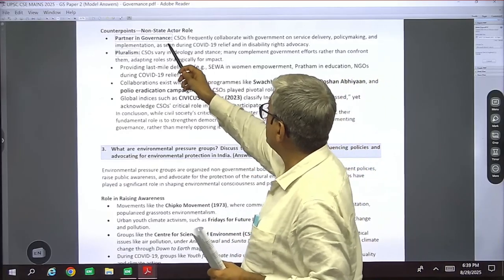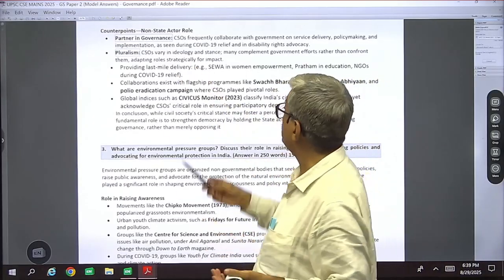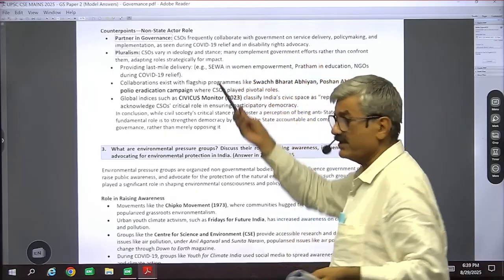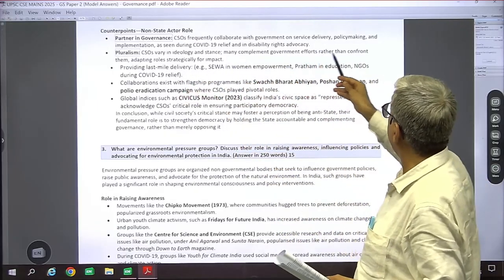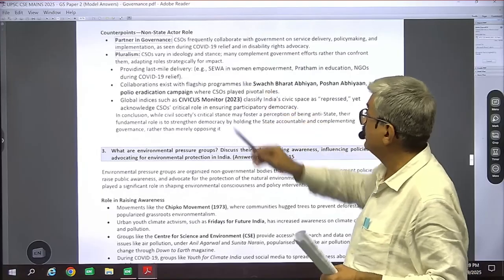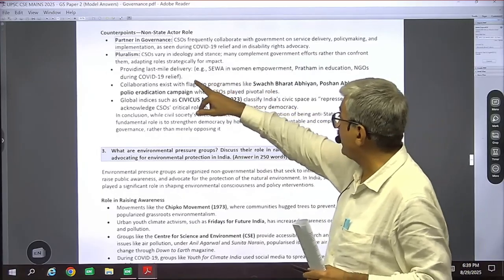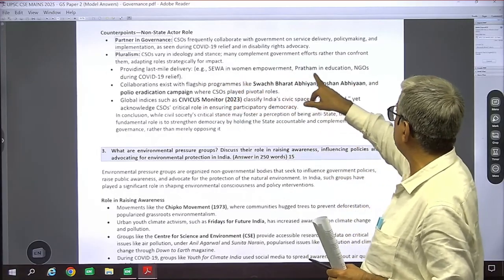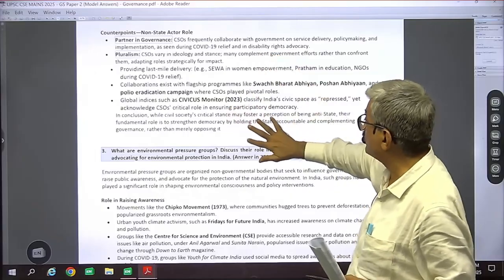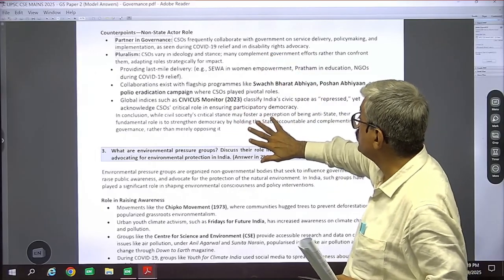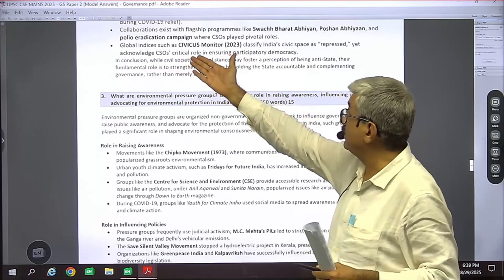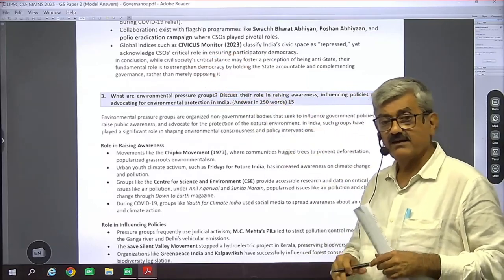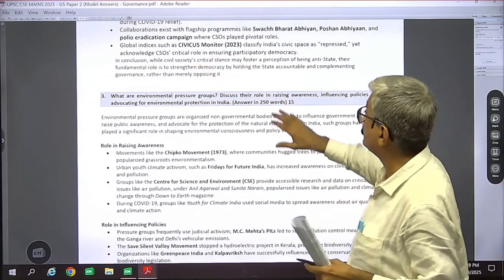As partners in governance, they are welcome. CSOs frequently collaborate, particularly during COVID-19. They have done service in multiple areas, providing last mile delivery, SEWA in women empowerment, Pratham. All these are examples we have to use to strengthen our answer, as well as the polio eradication campaign. This is very praiseworthy work that they have done.